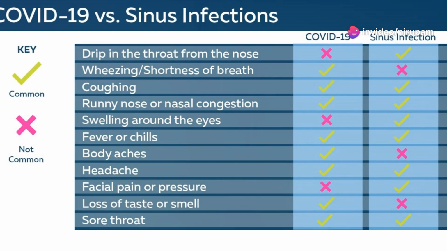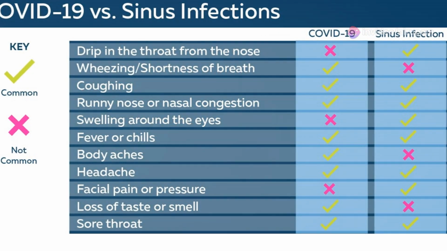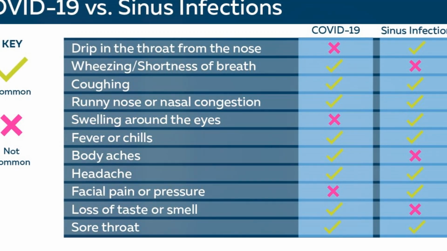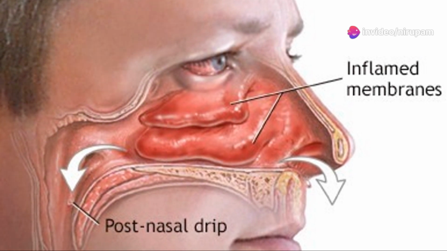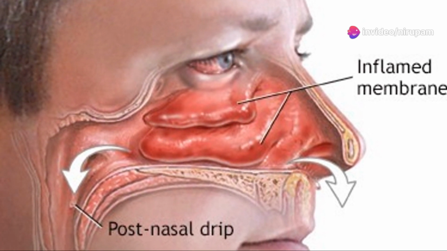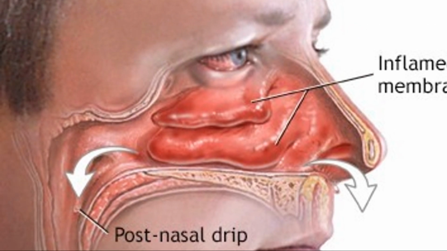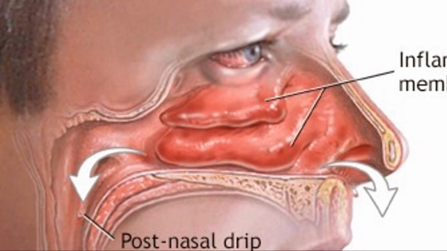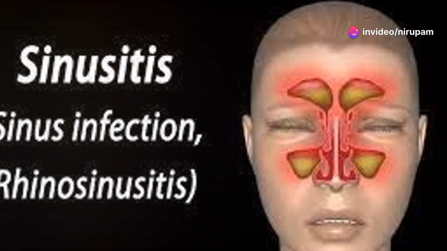You can test yourself or have a provider test you for some viral infections, like COVID-19 and the flu. Common symptoms of a sinus infection include postnasal drip, mucus dripping down your throat, runny nose with thick yellow or green mucus, stuffy nose, facial pressure, particularly around your nose, eyes and forehead.